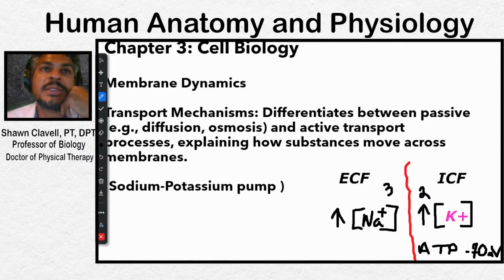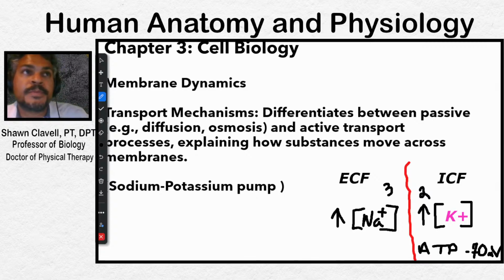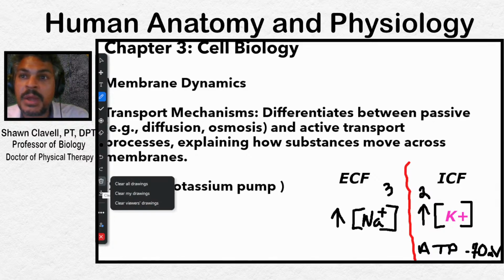And what that does is allow the charge to stay on the outside of the cell, so when your nerve sends a signal, an action potential propagates across the cell membrane. That charge is what allows that signal to move at the speed of electricity. So being familiar with the sodium-potassium pump is going to be a big one.